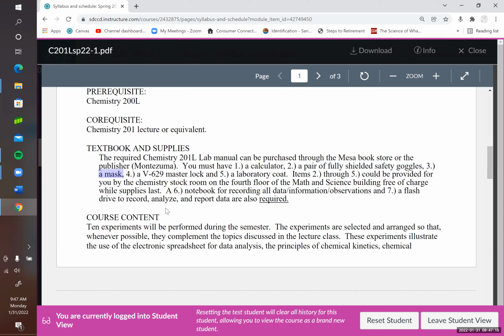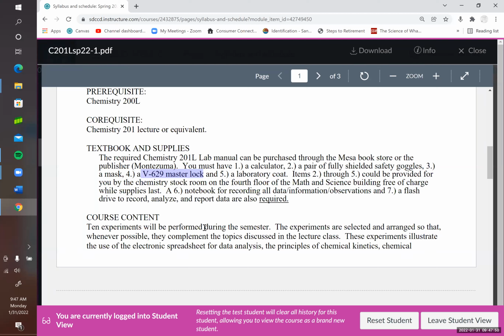We'll be working with masks. You're going to need this V629 master lock. It has a little keyhole in the back. So in case you are absent and a lab partner needs to get some sort of chemical that you had stored in your locker, your partners can have access by just unlocking it. The lab techs have the key and stuff.